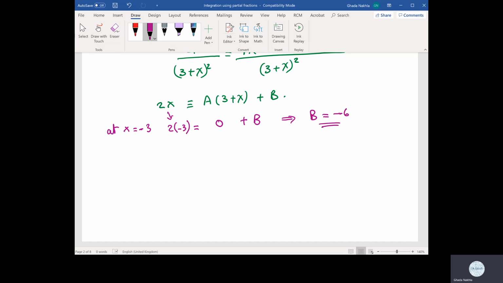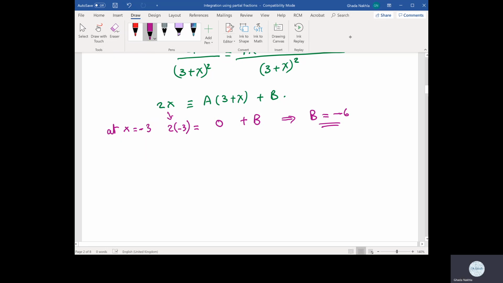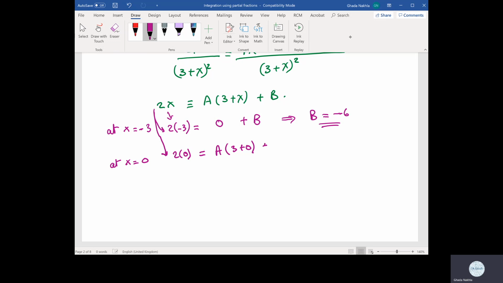Now I need to find a. To find a, pick any easy value, either x equals 1 or x equals 0. X equals 0 is always easy to substitute. So at x equals 0, 2 times 0, I'm doing exactly what I did here. 2 times 0 is equal to a(3 plus 0), which is 3, plus b.